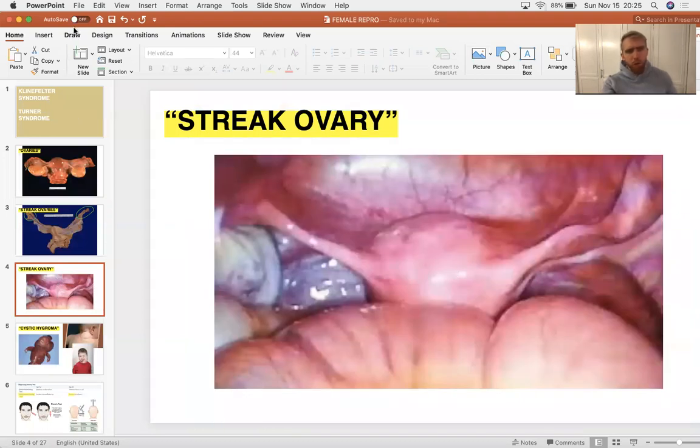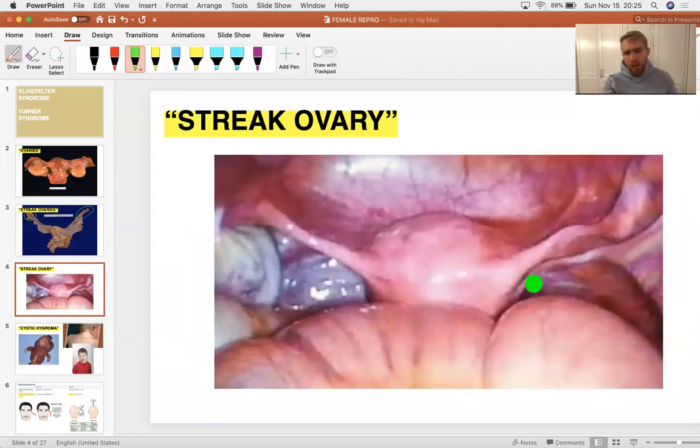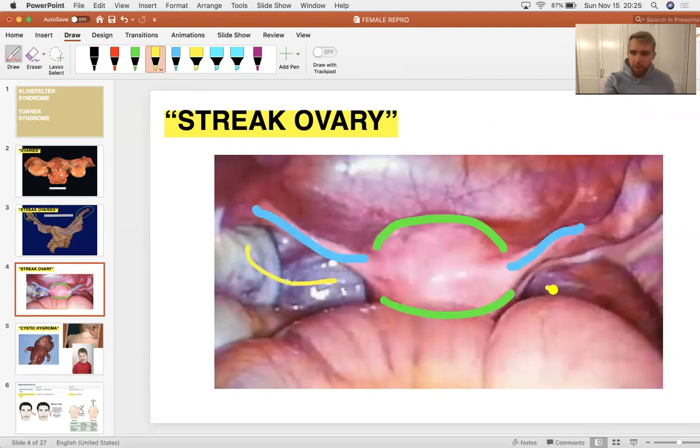Here's a streak ovary singular. Took me a long time to figure out where this thing is, but to familiarize you, here is your uterus, and in blue here are two fallopian tubes popping laterally. And then so from this angle, the ovaries would be right underneath the fallopian tubes, again, from the angle that we're viewing at.